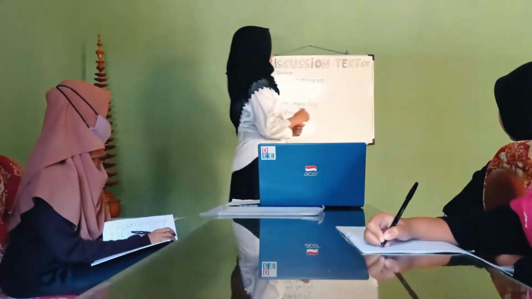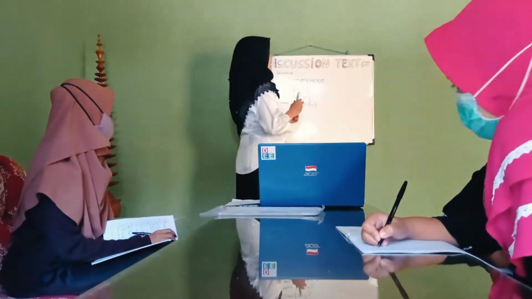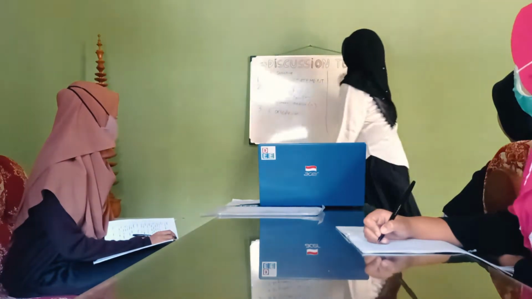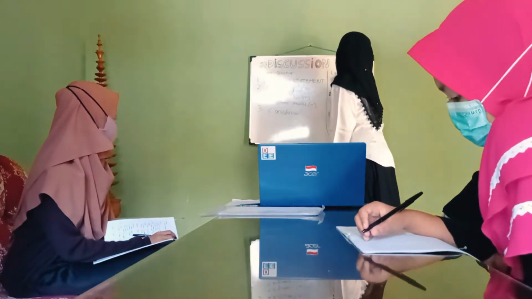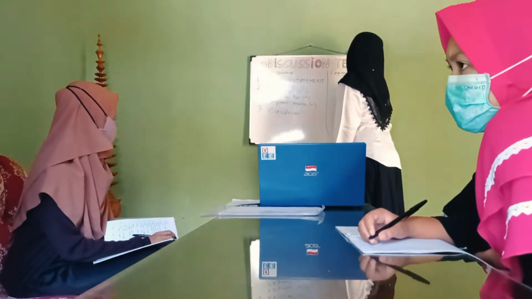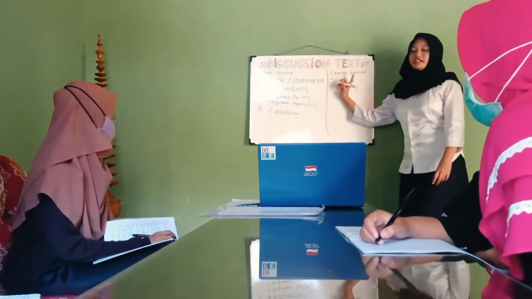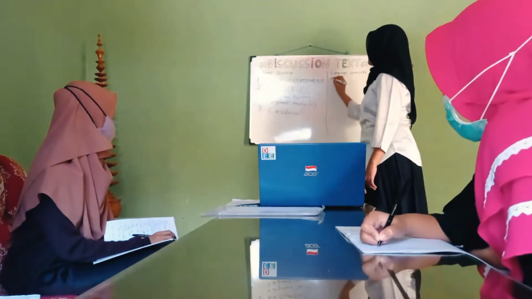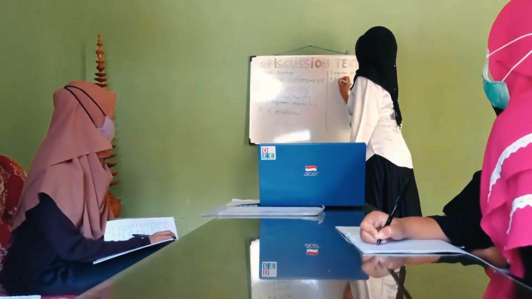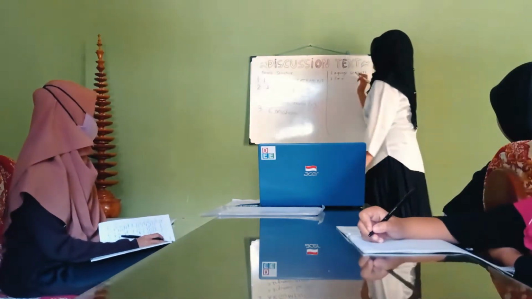Okay, now we are going to talk about language features atau kaidah-kaidah penulisan dalam discussion text. So number one, the discussion text is focused on general statement or general participant.